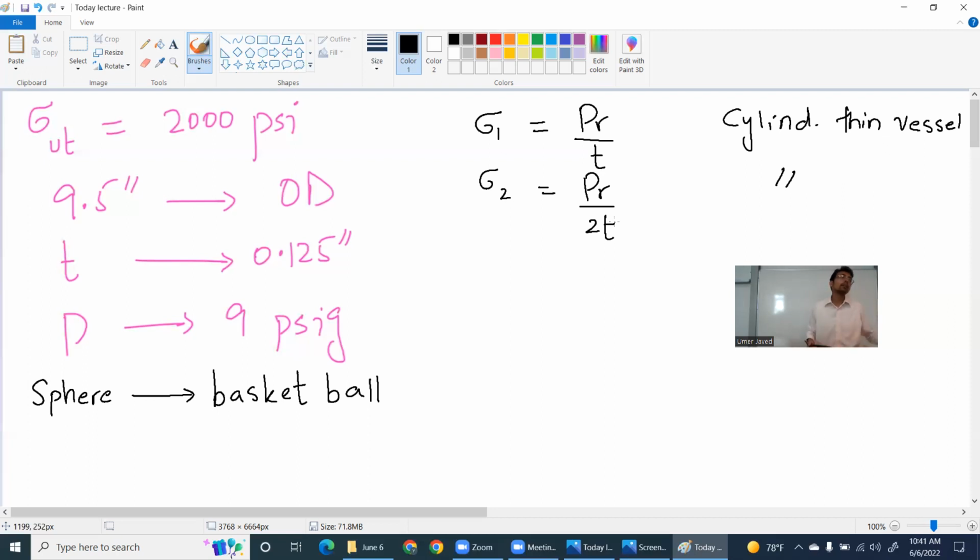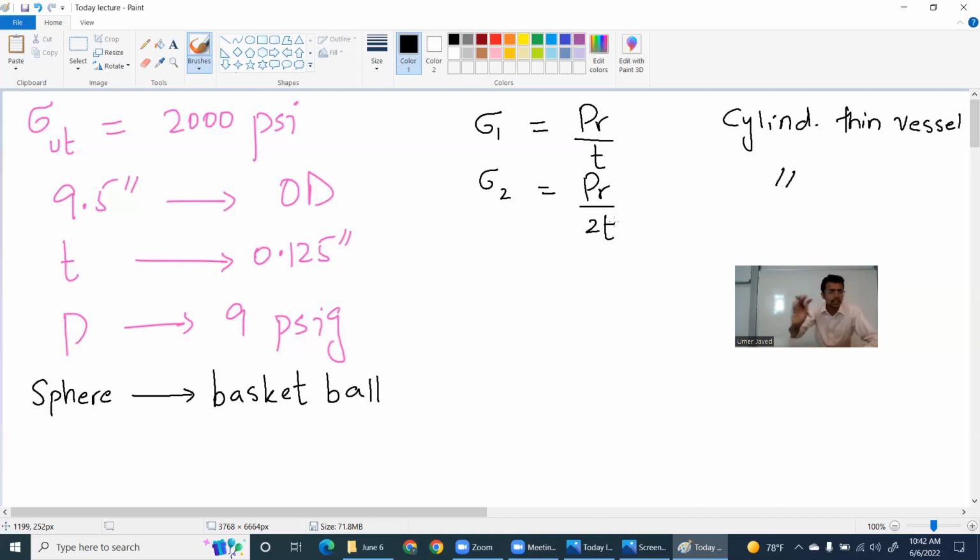Imagine a pressurized Coca-Cola can. It has pressure inside it and a thin wall. I'm talking about normal stresses. The hoop stress, which is circumferential stress, sigma 1, is PR over T. The other one is the longitudinal or axial stress along its wall, known as sigma 2. These are principal stresses. That's why I use the words 1 and 2.